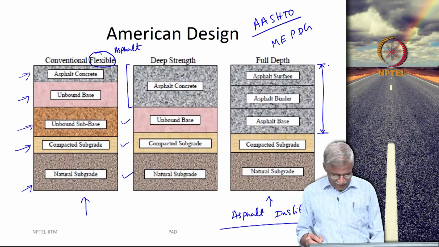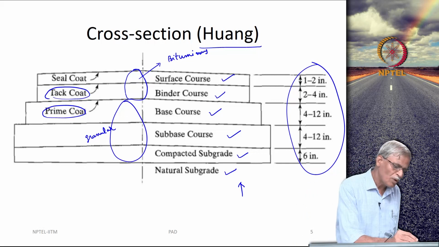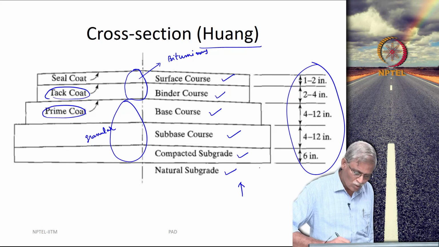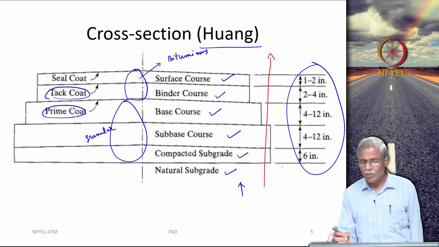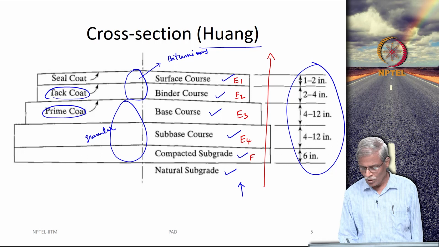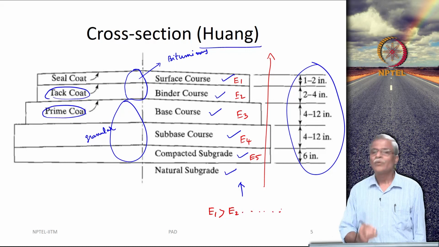Now, the common tendency here is to see that as you go from the bottom to the top, the modulus value keeps increasing. So, if you call this as E1, E2, E3, E4, E5, you are going to see these kind of relationships.